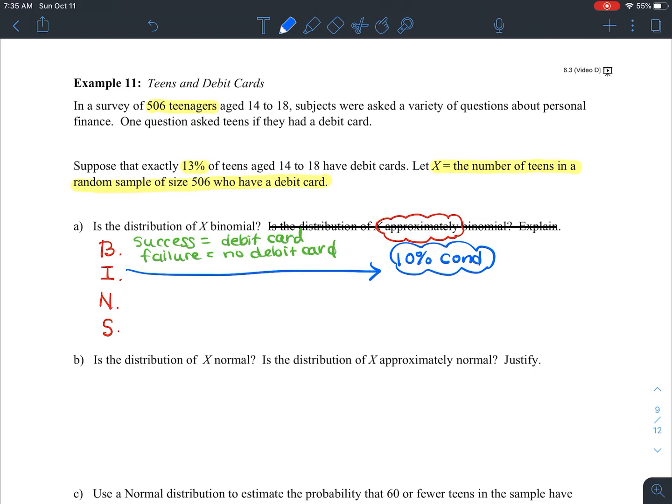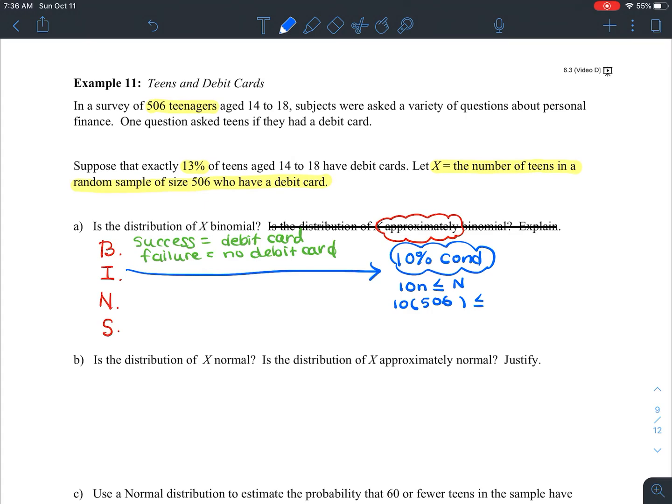Okay, the 10% condition. Remember, the 10% condition is making sure that our sample size is small enough that if we were to multiply it times 10, it would still be less than or equal to the population size. Okay, that means if we're just surveying a small portion of all of the teenagers who exist, it's not going to make a big enough dent in the fact that we're not actually replacing them in between when we pick another one.